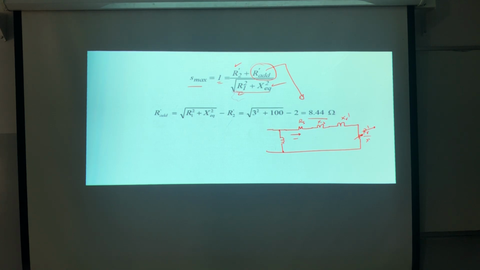Now R dash, or sometimes we call it I2, will change. It will be V S over Z new, correct? Then you need to calculate this one, then square it, multiply by the external resistance you need to add, and multiply by 3.